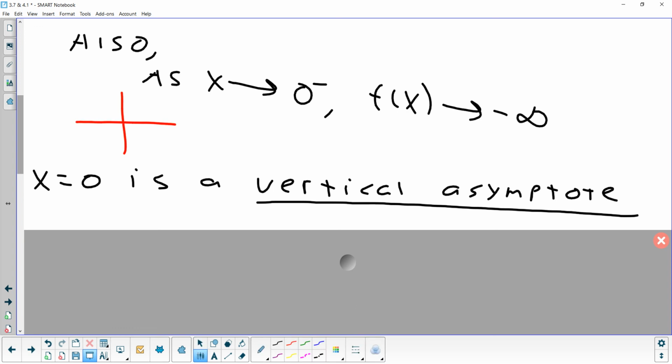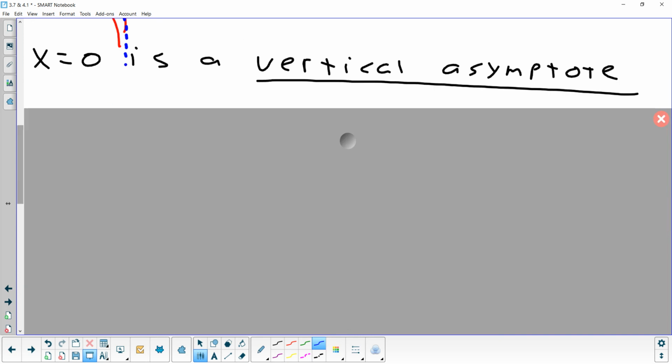In that graph that looked something like this, we had a horizontal asymptote. I just put that in black. But we also had a vertical. So a vertical asymptote is a line that you get closer and closer to, but it's vertical instead of horizontal.